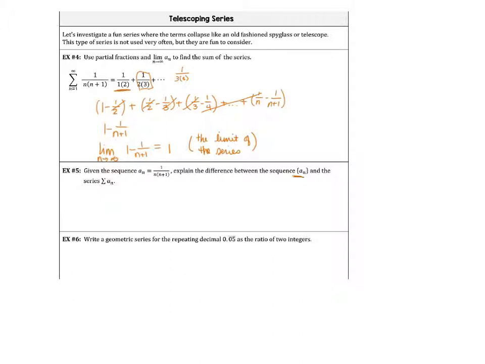So we've got a sequence and then we have a series. Now what we need to remember for our sequence here is how we get from one term to the next. And that's one of the very first things we talked about. So when we're doing our sequence, if we plug in 1, notice that's going to give us 1 over 2, comma.